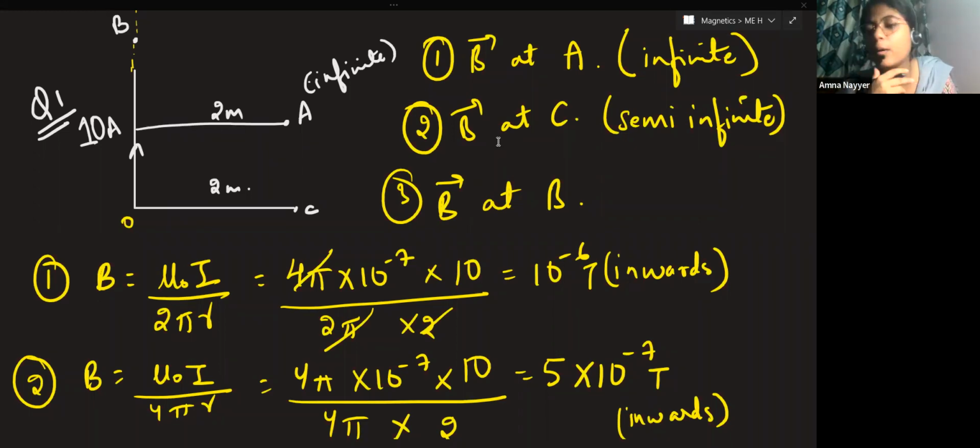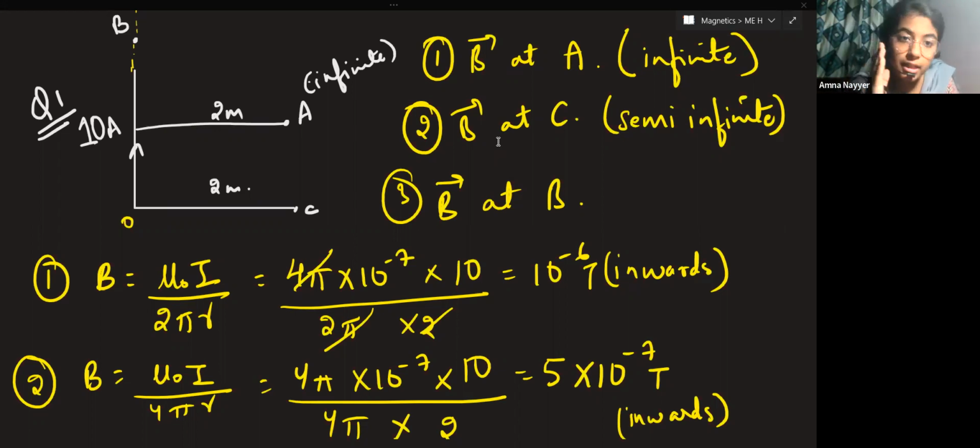See, what was Biot-Savart's law? It was mu naught I dl sine theta divided by 4 pi r square. That was the whole formula. Here we are using the direct formula because we know it. In other cases, what happened? The angle between dl and the position vector became 90 degrees. Right now you don't have the derivation for this, so no need to go into the details.